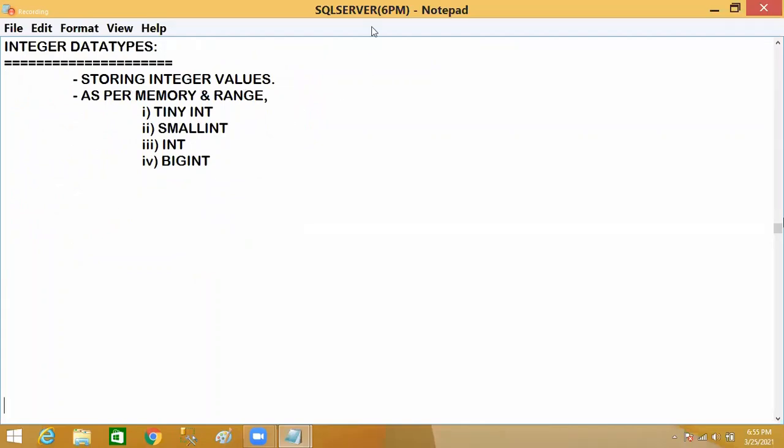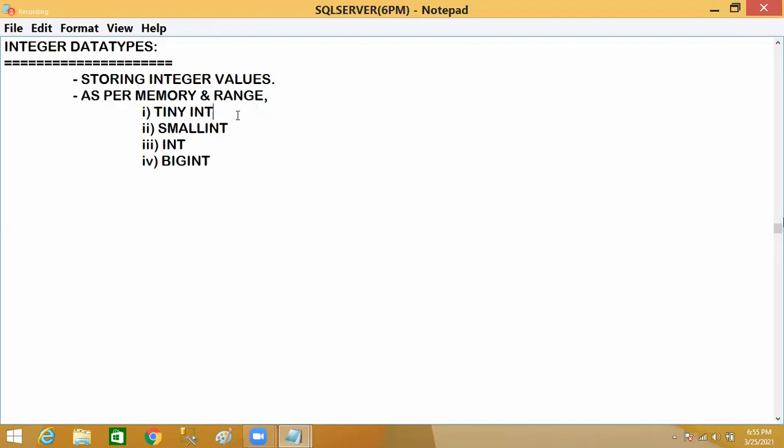First is tiny int, second is small int, third is int, and fourth is big int. So in the SQL Server database, integer data types are classified into four types based on what? This kind of question will come up, and you can say they are classified as per memory and range.